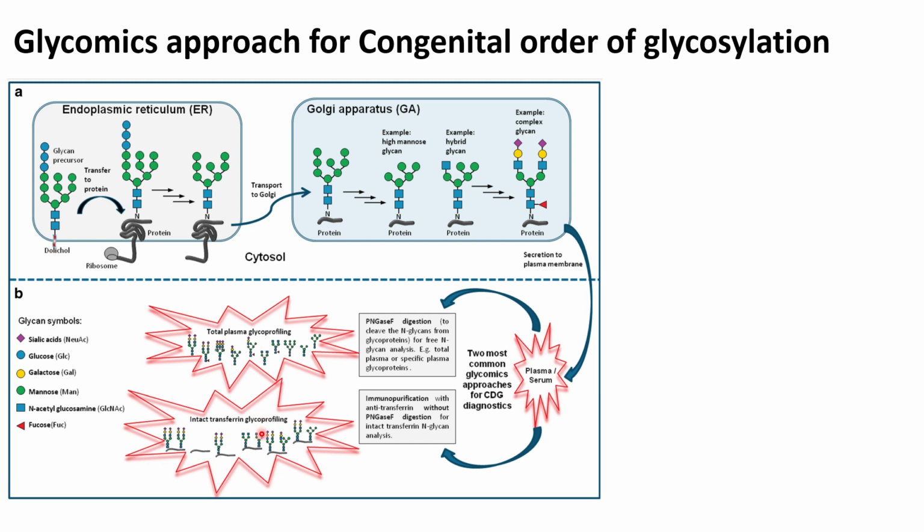So both the techniques have their own advantages and disadvantages, and it depends on the final results that the researchers want. If they already know, or are expecting, some kind of glycans that are highly expressed, then they can use intact transferrin glycoprofiling. And if they want to know the whole glycomics profile of the plasma samples, then they can go for total glycoprofiling.